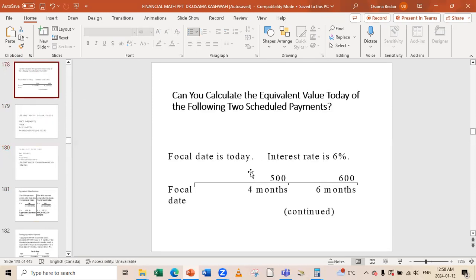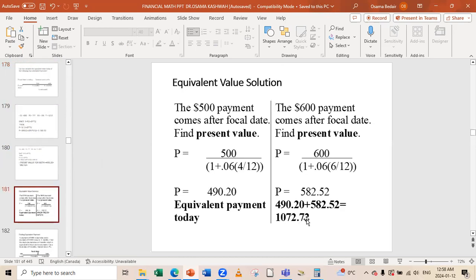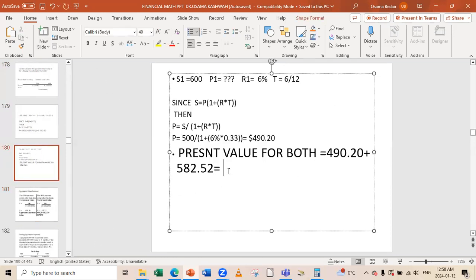I added the present value of the first amount plus the present value of the second amount, and that will give me the total of them, which is $1072.72, both of them.